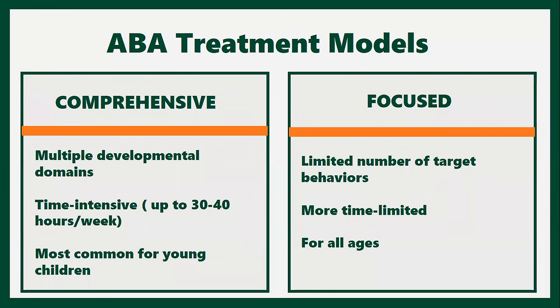Usually this is early intervention when individuals are getting a comprehensive treatment plan, and that ABA plan usually covers a lot of different domains of development, usually social play, communication, self-care skills, all of that in an intensively provided therapeutic program.